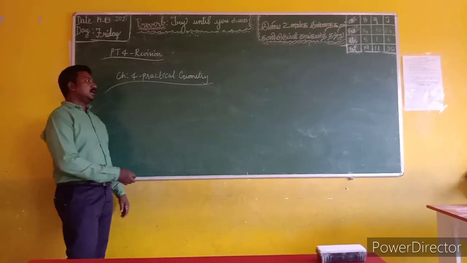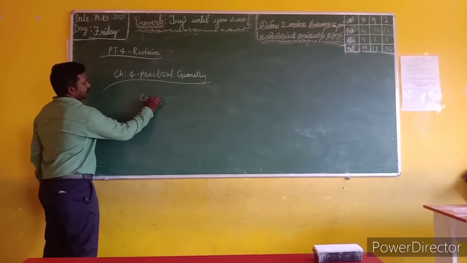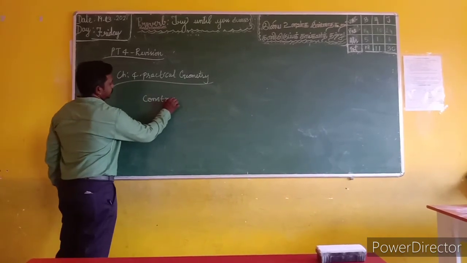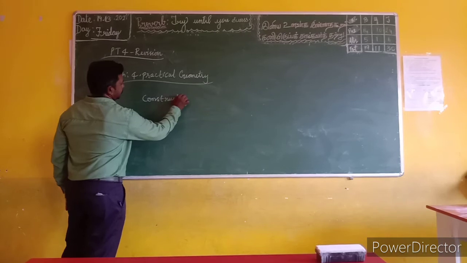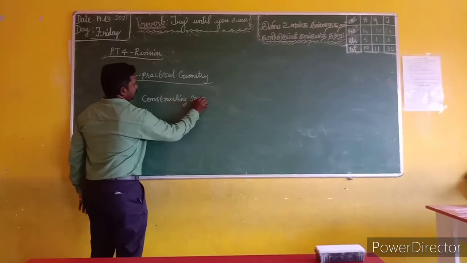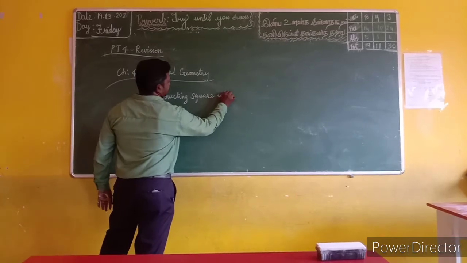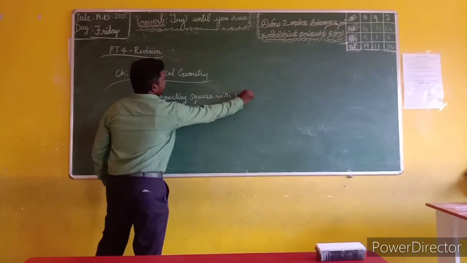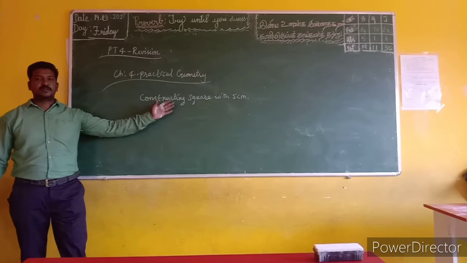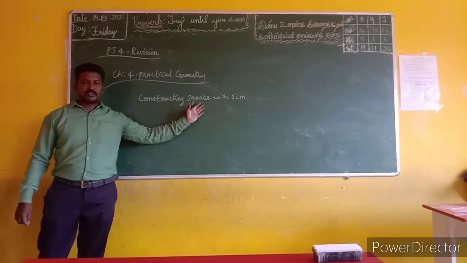For example, constructing a square with 5 centimeter sides.